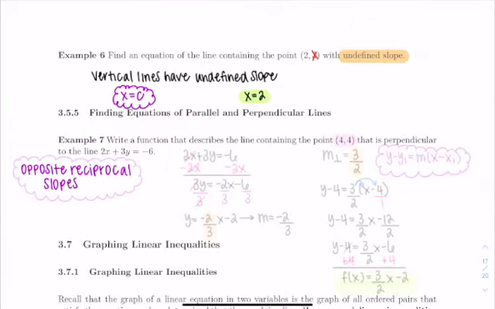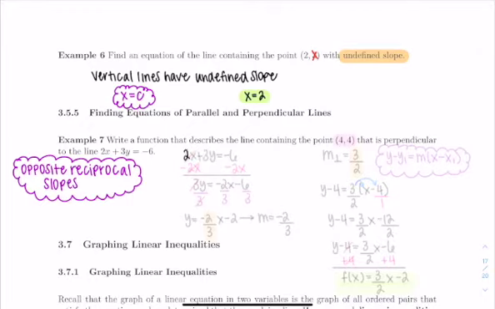So what we need to do is find the slope of the equation of the line that was given to us, 2x plus 3y equals negative 6. We're going to put this into slope-intercept form.